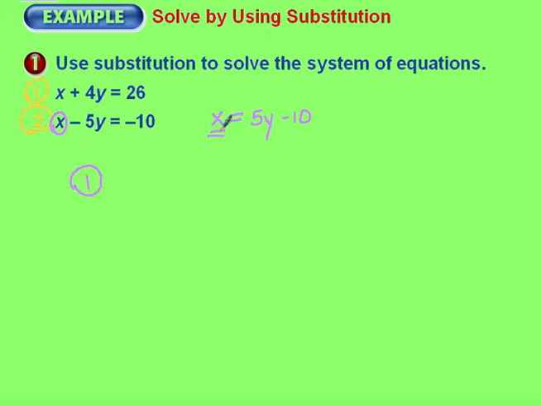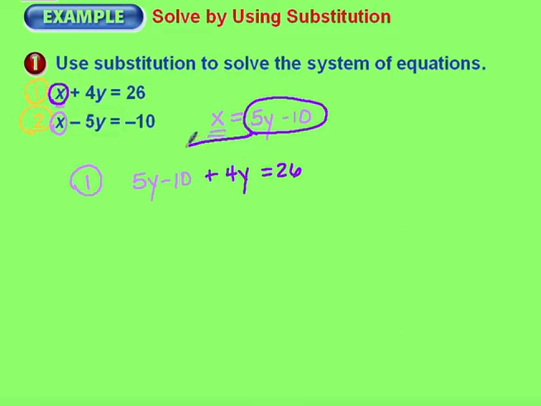Now what I will do, instead of using x, is replace that x with 5y minus 10 from equation 2, and then complete that equation with plus 4y equals 26. You can see all I did was take this and substitute it for the x.